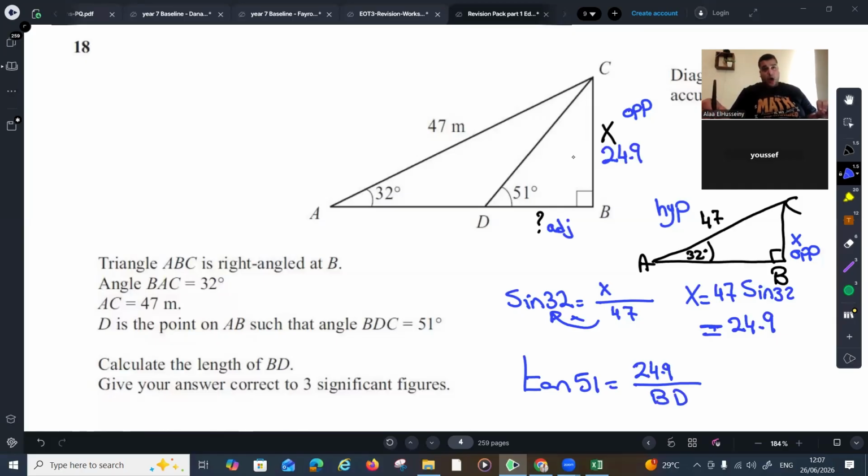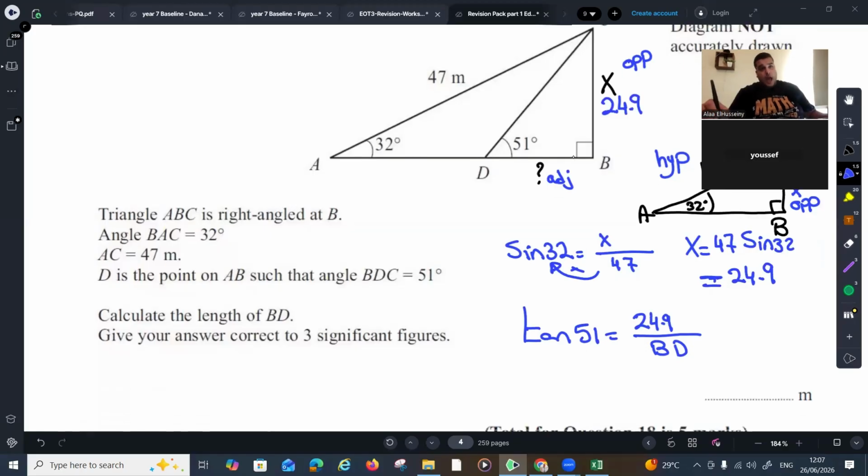Okay, now I need to get the value of BD. What do we do? I will get the BD to the other side with times, and I'm bringing the tan below. So BD equals 24.9 over tan 51.